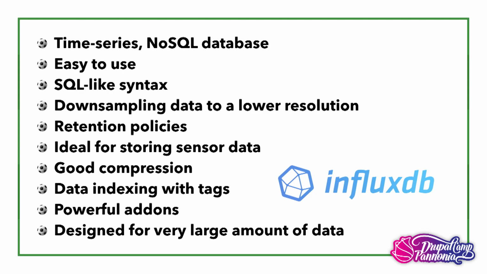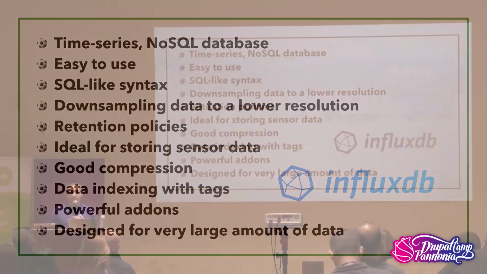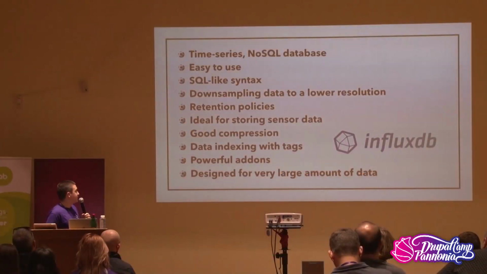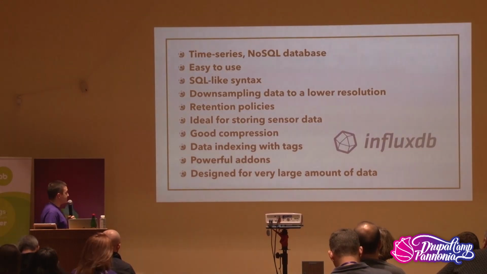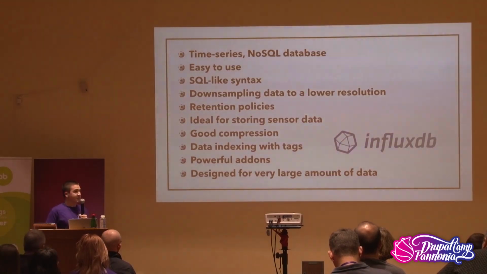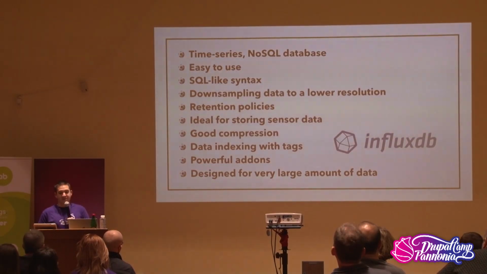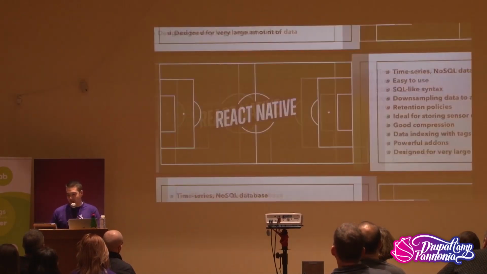For example, delete this data after half a year, which we don't need, and it's ideal for storing sensor data. It has really good compression and powerful add-ons, and it's designed for a very large amount of data. We put many millions of entries in Influx, and it stays fast after that.